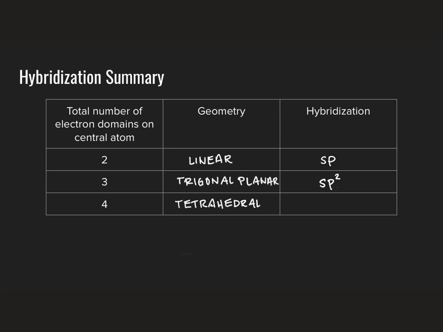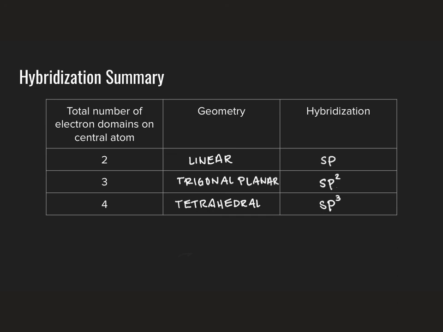And to make those 4 energetically equivalent domains that would give us tetrahedral geometry, we would need to use the s orbital as well as all 3 of the p orbitals in order to form sp3 hybridization to get those 109.5 degree angles we desire between the orbitals for our tetrahedral arrangements. So quick and easy.